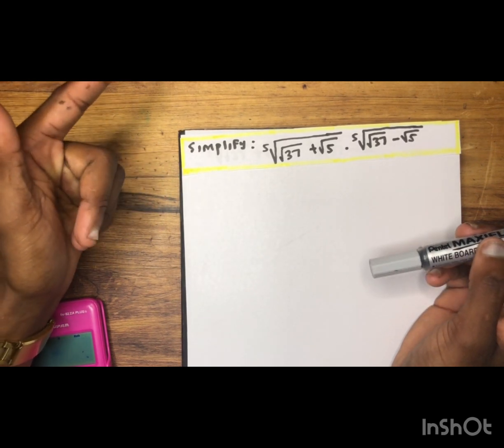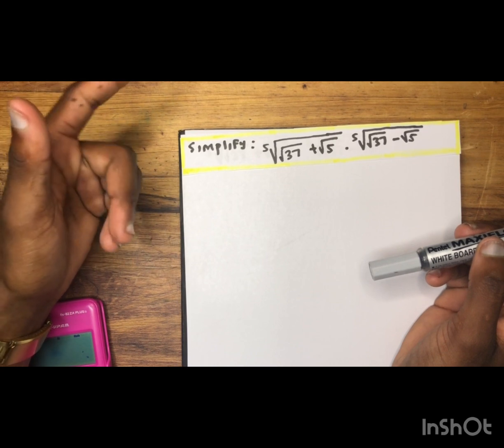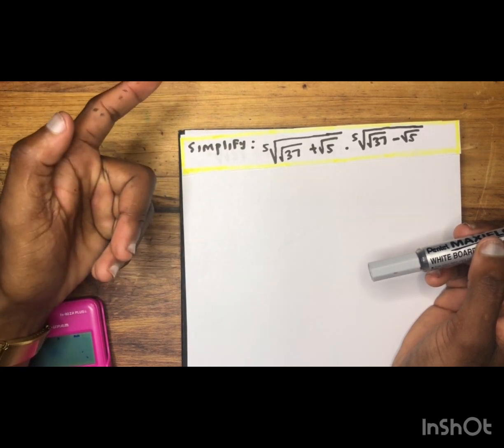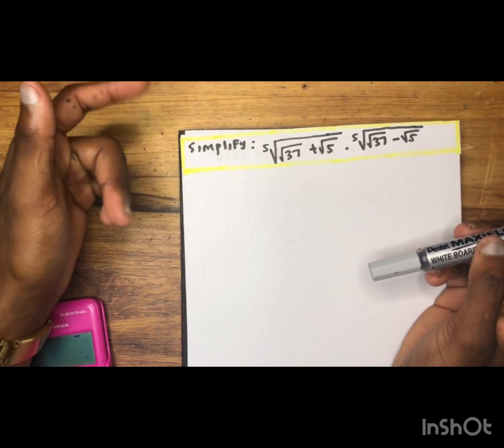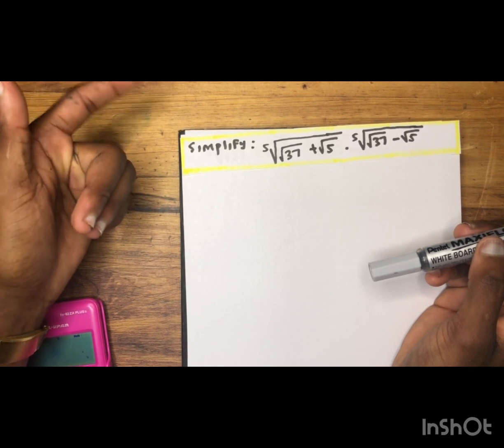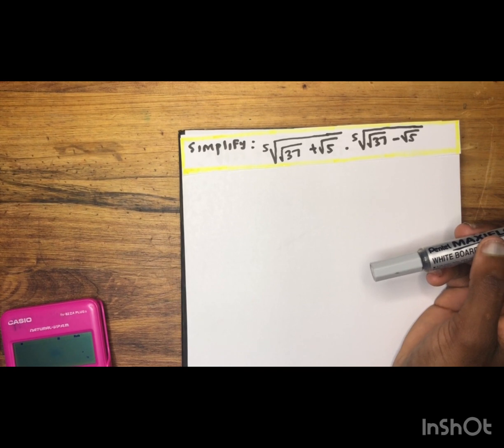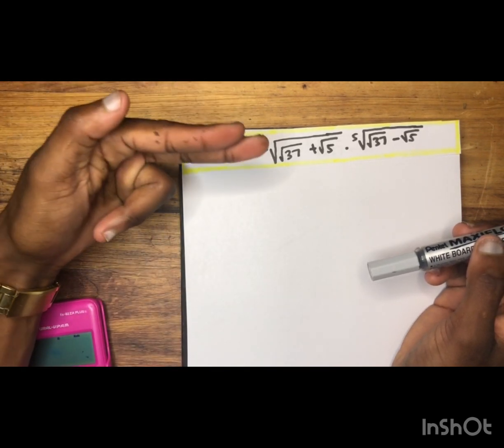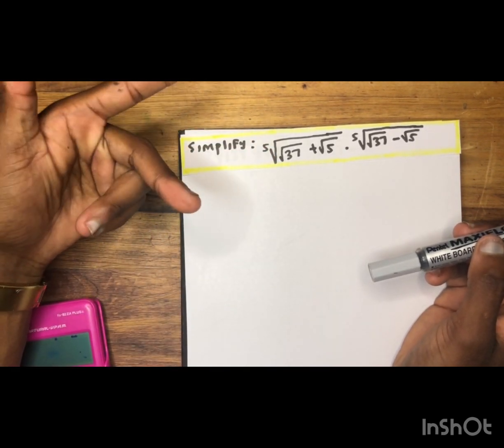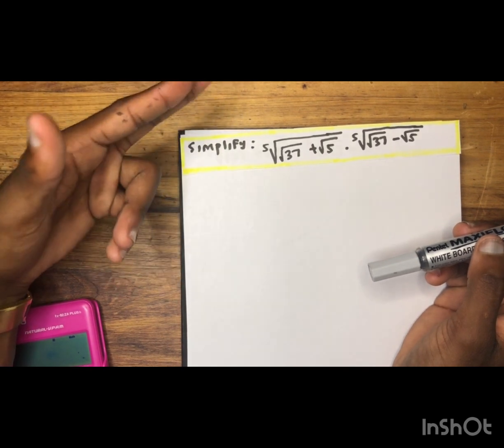So remember, we said on the first video that whenever you are solving or simplifying an exponent or simplifying the set, you must remember your laws. We have two laws for sets: law 1 multiplication and law 2 division.